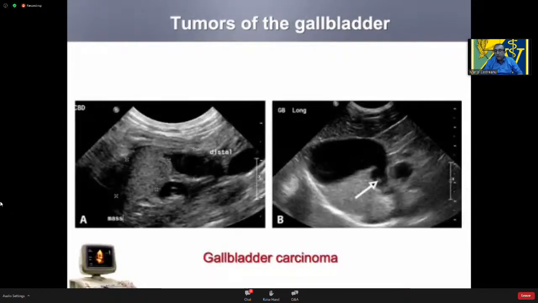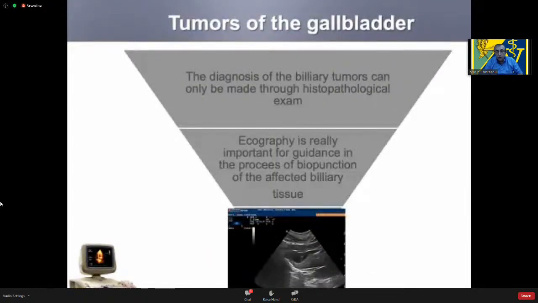The tumors of the gallbladder are ultrasonographically described as inhomogeneous, with an alternating hyper- and hypoechoic pattern of the gallbladder wall. But remember that the diagnosis of biliary tumors can only be made through histopathological exam. In such cases, the ultrasound is really important for guidance in the biopsy of the affected tissues.